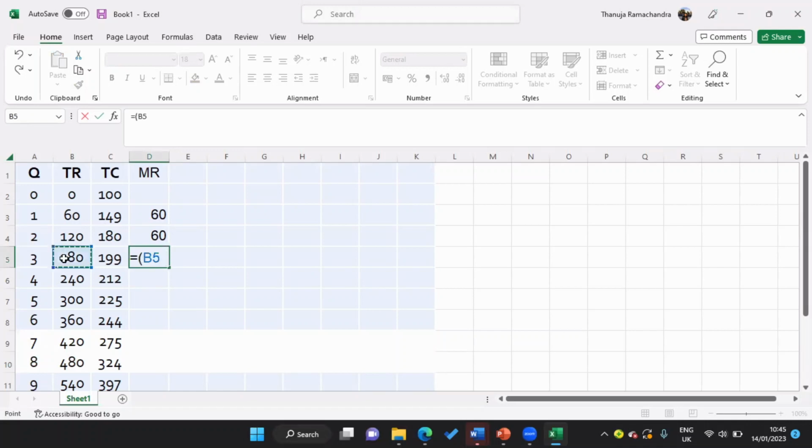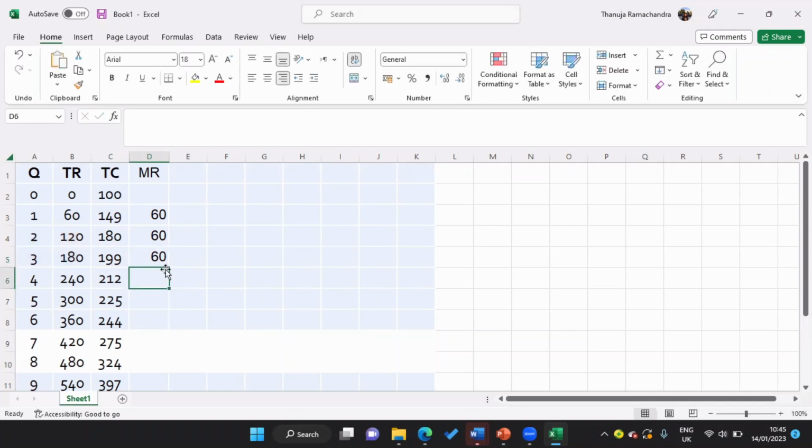Total is 180. Previously, it was 120, right? So this is the additional revenue, because the production has changed from 2 to 3. So it's going to be 60, always. It is constant, right? Here you can see only 1 unit changes each time, a constant change. And also 60, 120, 180, 240.